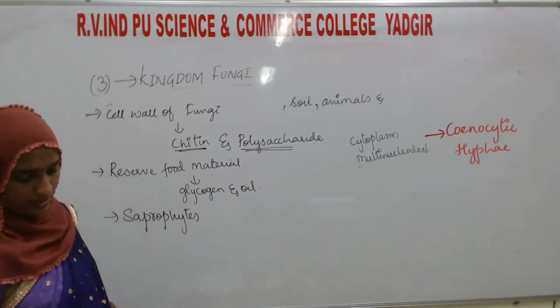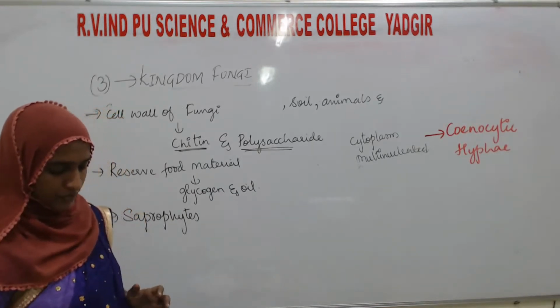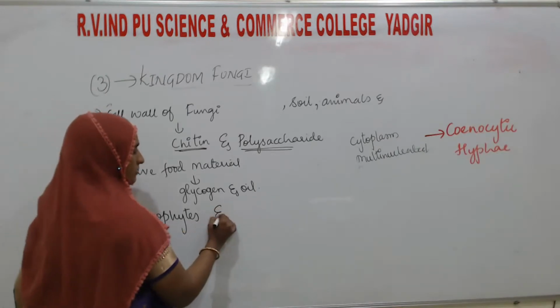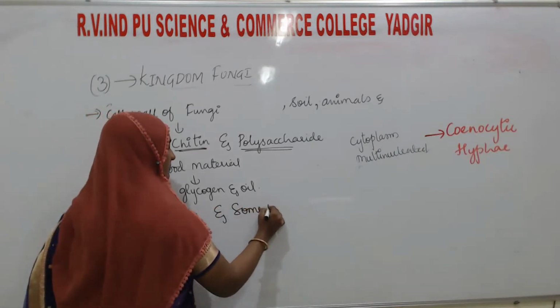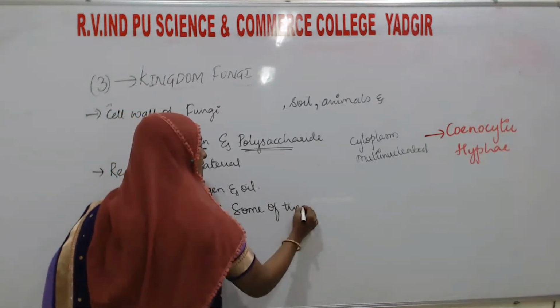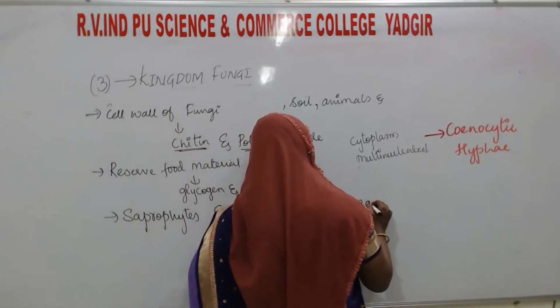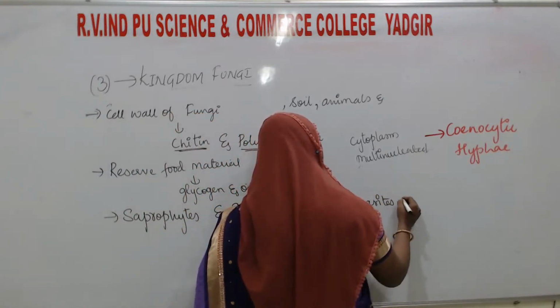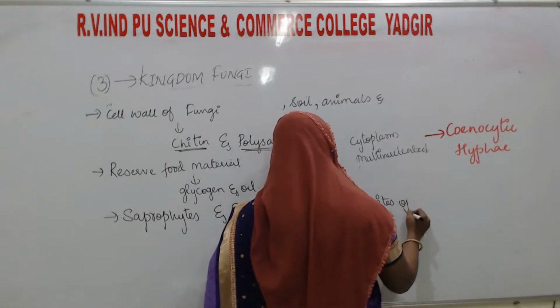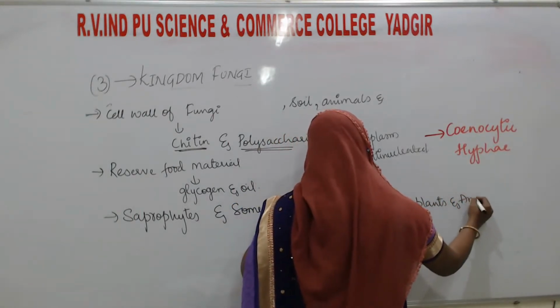Most of the fungi are saprophytes, and some of them are parasites. Some of them are parasites of what? Of plants and animals.